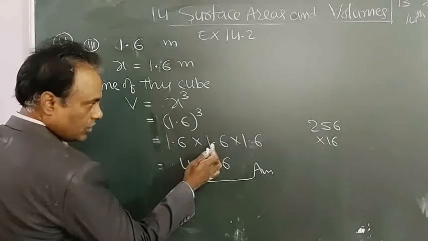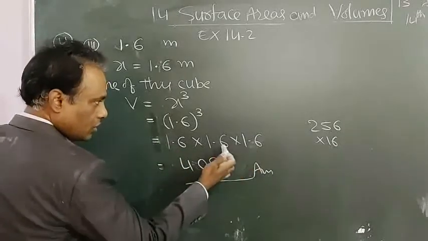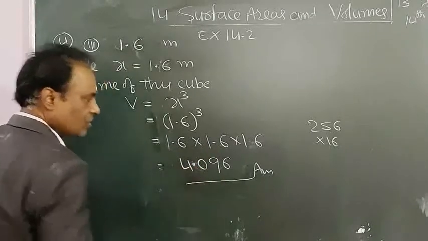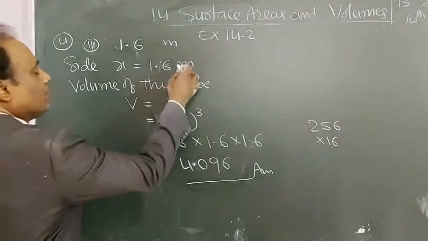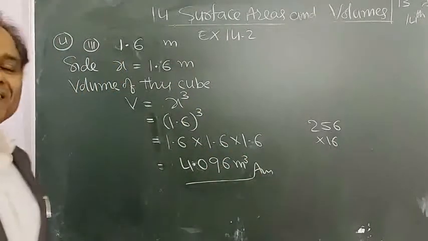Three digits after the decimal, so the answer is 4.096 meter cube. That's all.